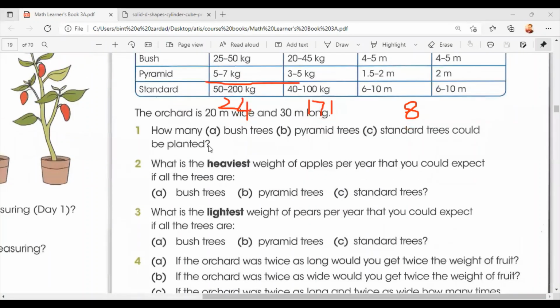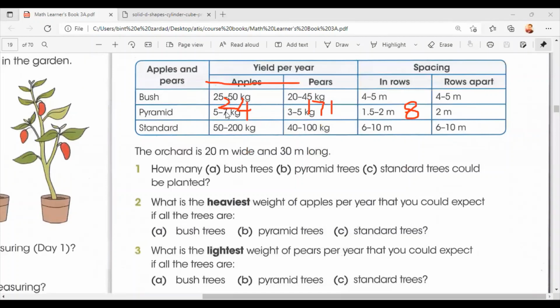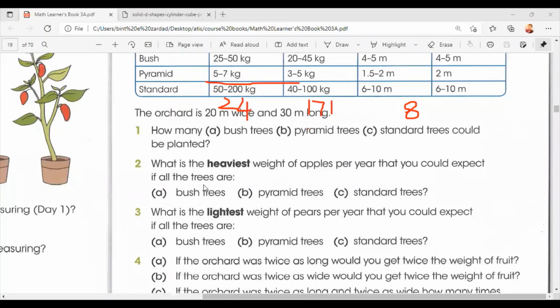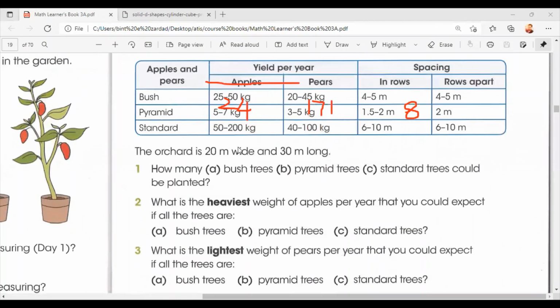So 24, 24 multiplied by the weight for apples. 24 multiplied by 25, it's coming. Let's multiply it and check. So for bush tree, what is the heaviest? We are not choosing the lightweight. Sorry, this is the lightweight. For apple, we need to choose the heaviest weight. If we are using bush tree, so 50 kg.